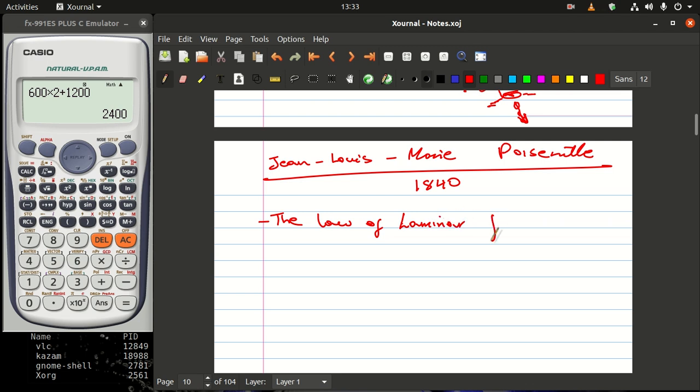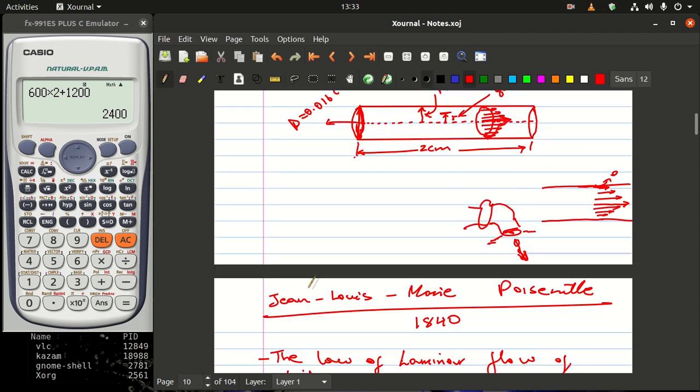Why am I writing wrong things on my birthday? I don't understand. So it is the laminar law of fluids, and he discovered the velocity.